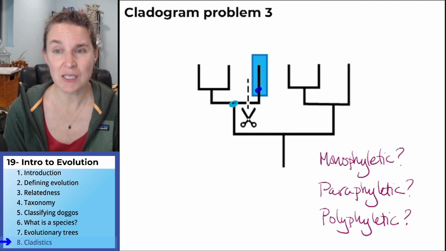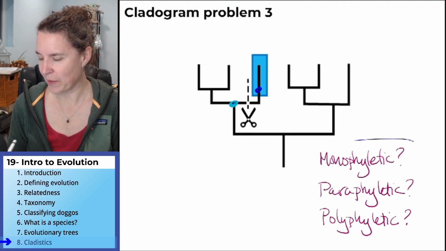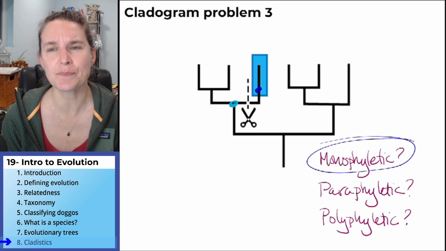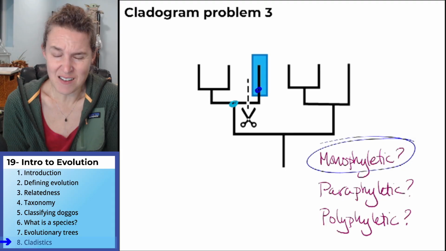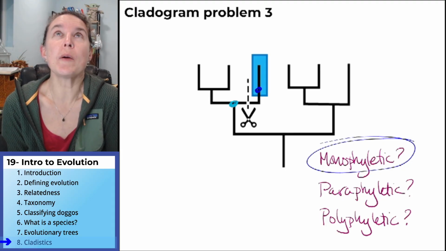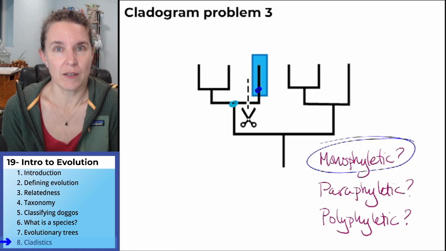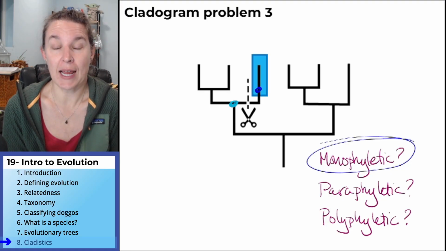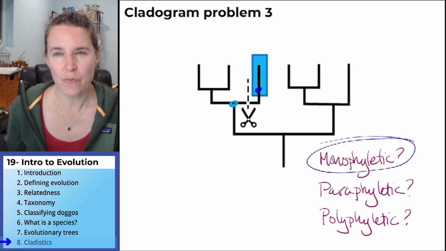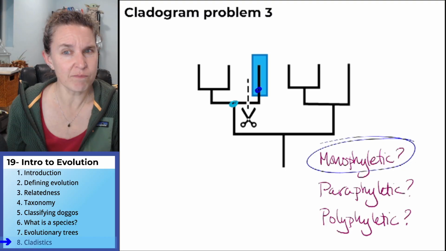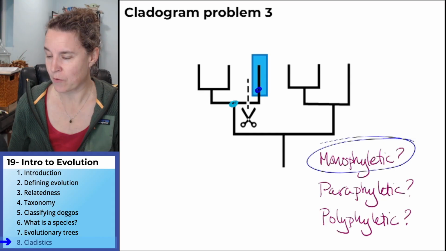Inside that box, I'm going with monophyletic for this one because if I cut there, there's nobody that's not included in my little box. And I guarantee I can flesh out that box if I feel like it. But I've included everybody from that point on. So I'm calling that monophyletic.